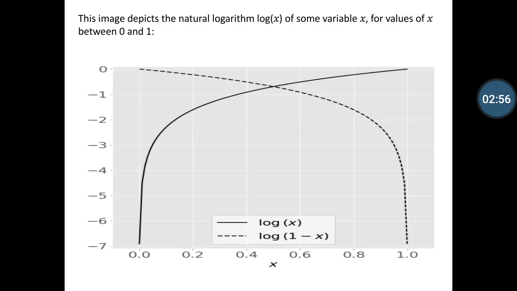In this image, we depict the natural logarithm log x of some variable x, for values of x between 0 and 1. You can see in the graph there are two lines. One is a dashed line and one is a solid line. The solid line indicates log x and the dashed line indicates log of 1 minus x.